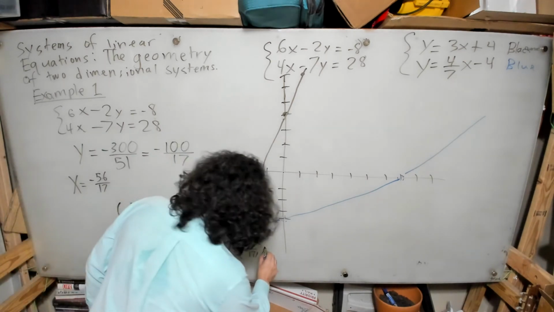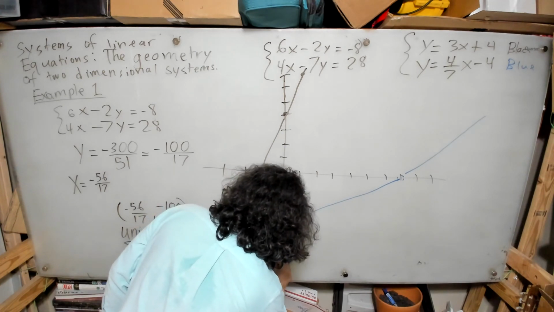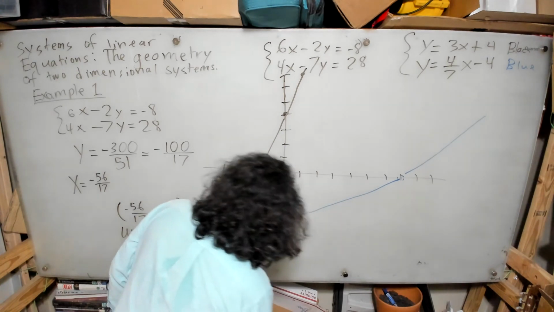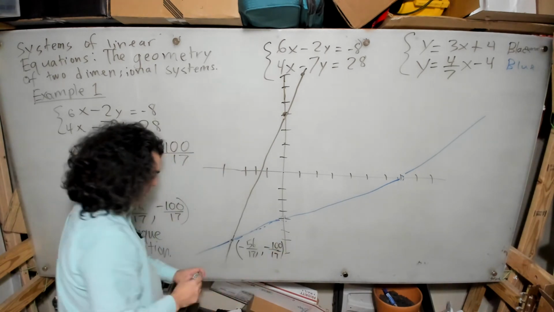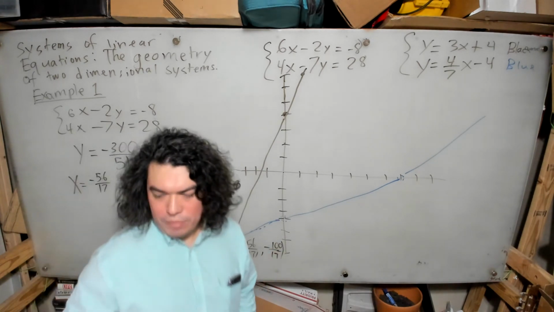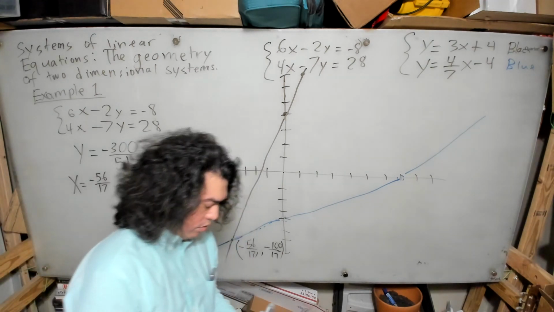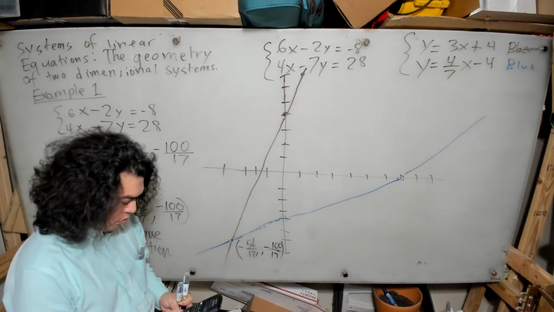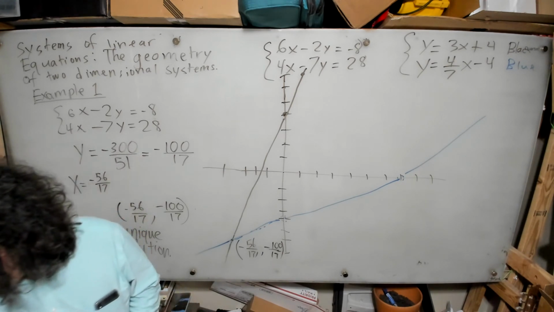In any case, the actual value is going to be negative 100 over 17 as we calculate, okay? But if you were looking at it on your graph paper, it would be somewhere over here, in the 5 to 6 region. Let me use my calculator here real quickly. Yeah, like 5.88, more or less.